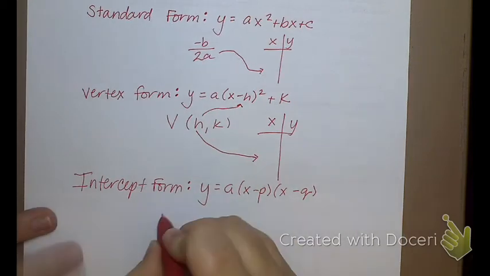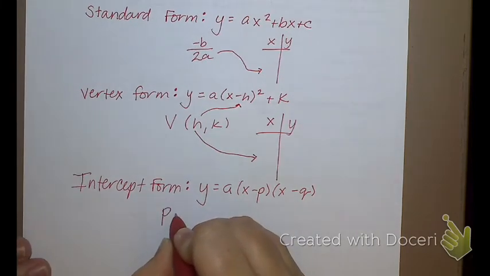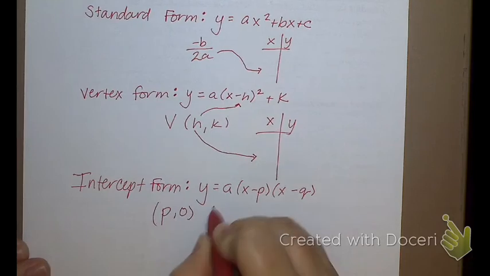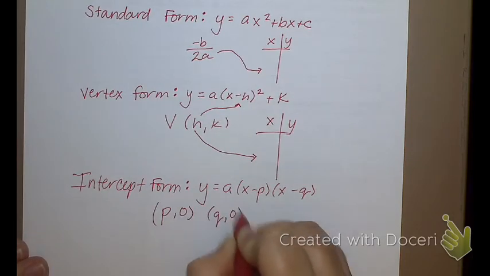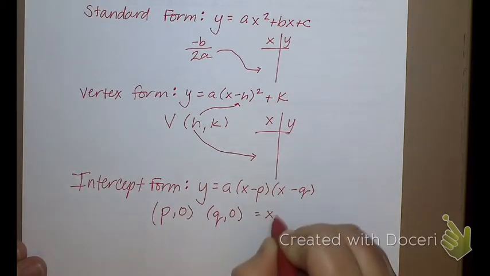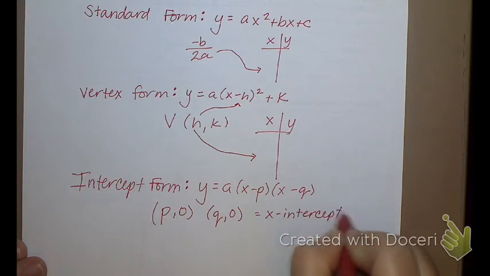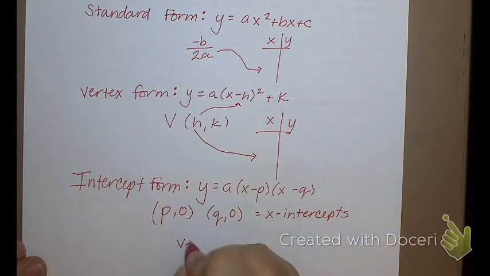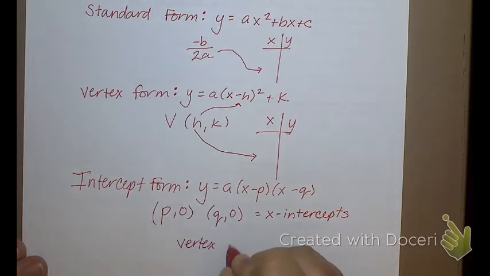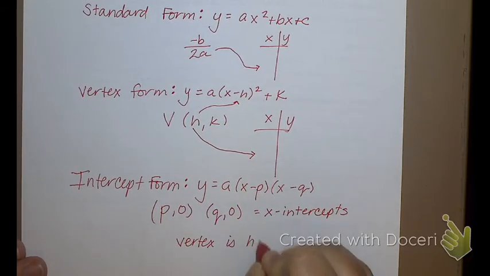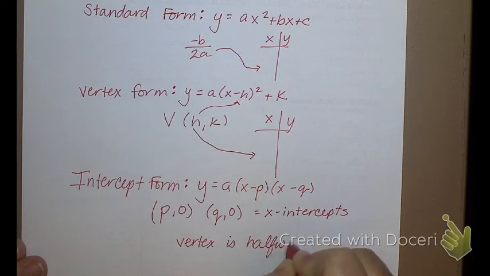So (p, 0) and (q, 0) are x intercepts, and your vertex is halfway between.